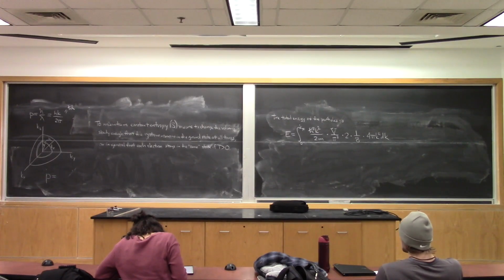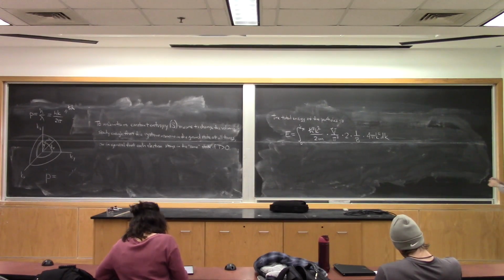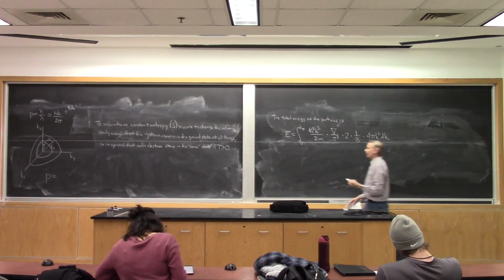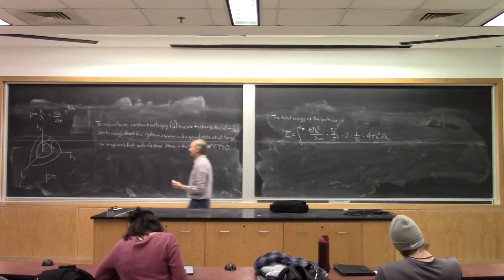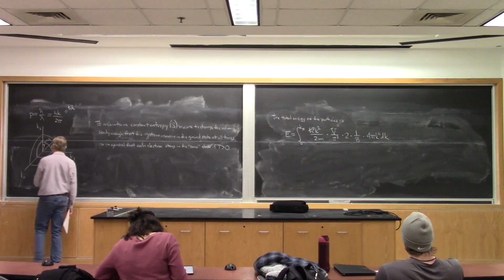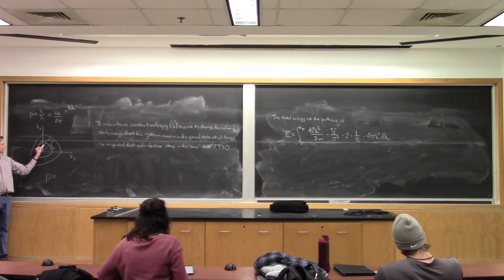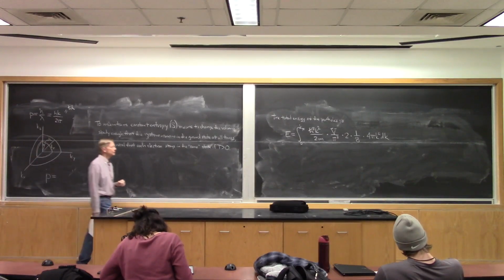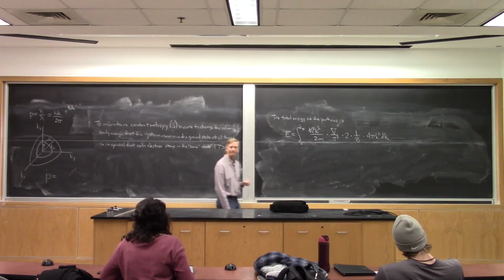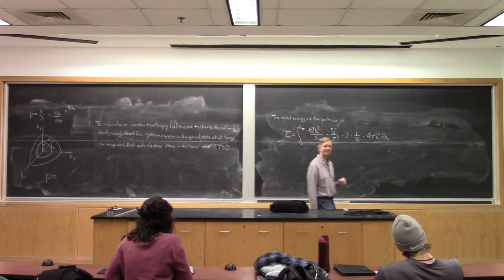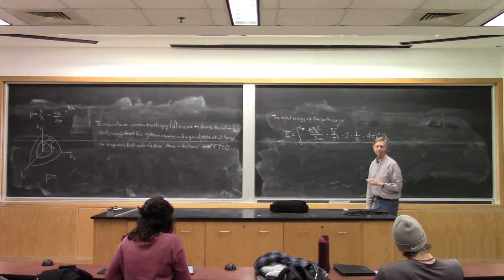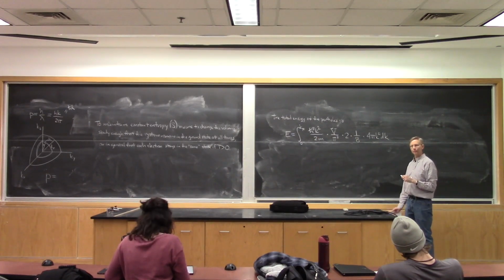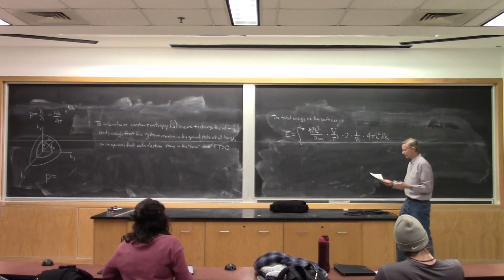Why is that the integral we need to do? Well, for all the fermions that in k space are in this shell of radius k, their wave vector has magnitude k. What's h bar squared k squared over 2m? That's the energy of those particles, right? That's their kinetic energy.